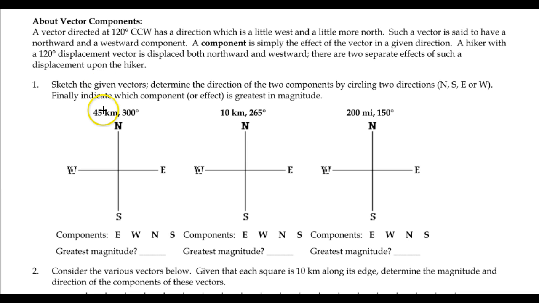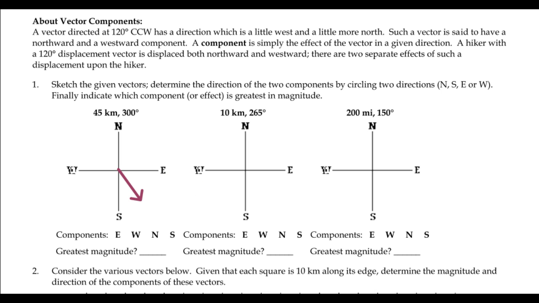The first one is 45 kilometers at 300 degrees. So 300 degrees puts us in the fourth quadrant, a little bit above halfway. And then 45 kilometers, we're not measuring this to scale, so I'm just going to use that for 45 kilometers.